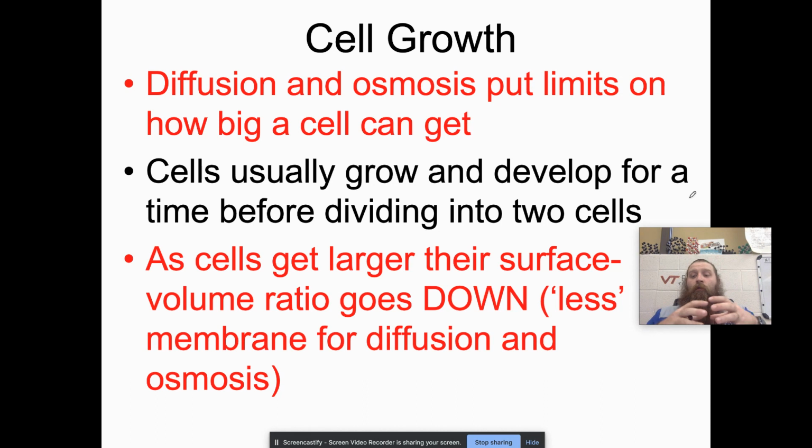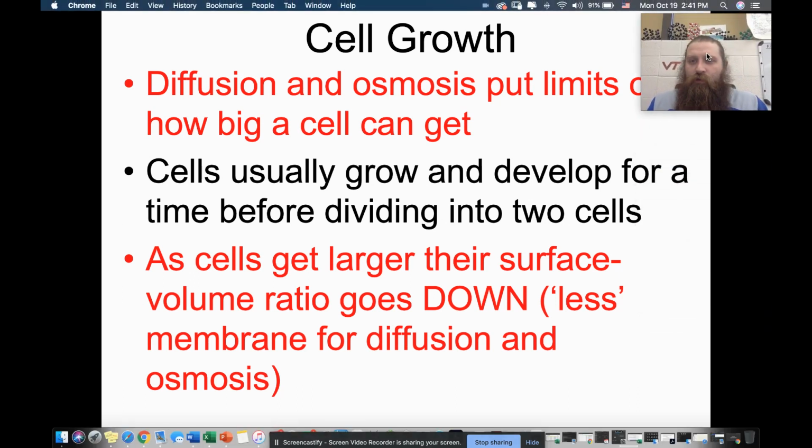Once it starts to grow and grow and grow, its size actually starts to become a hindrance to its ability to continue to be alive. The size can kill it if it gets too big. The reason behind this, the scientific explanation, is the ratio between surface area and volume.